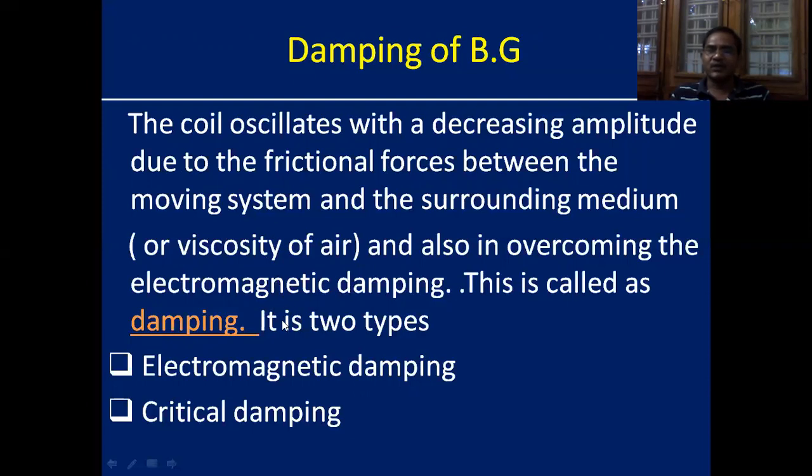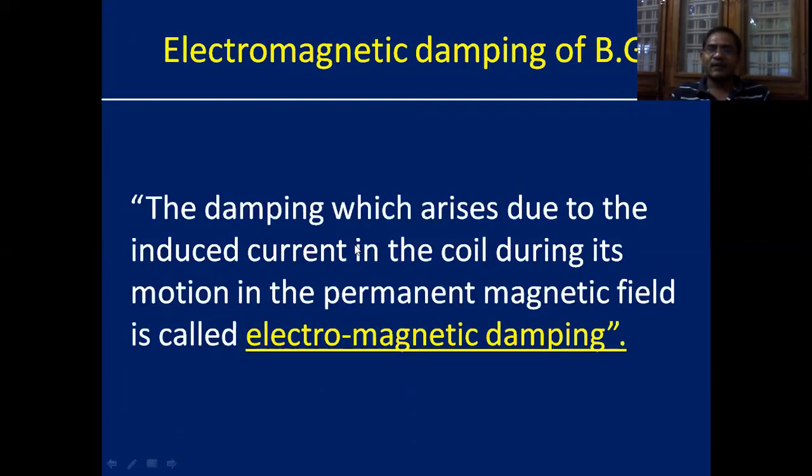So here we talk about the two types of damping. One is electromagnetic damping, the second one critical damping. So what is the electromagnetic damping? The damping which arises due to the induced current in the coil during its motion in the permanent magnetic field is called electromagnetic damping. So what does that mean? Since the coil is rotating in the magnetic field between the horseshoe magnetic poles, the current carrying coil is in motion in the magnetic field.